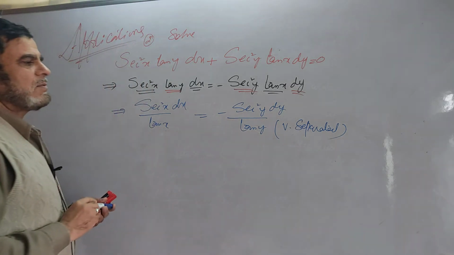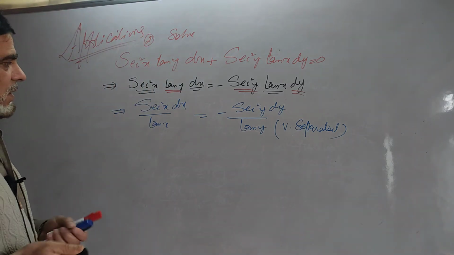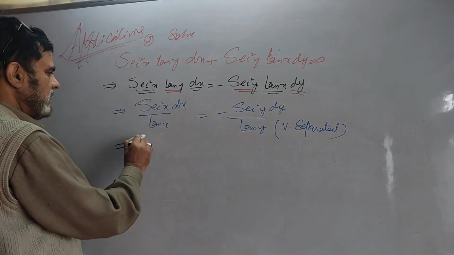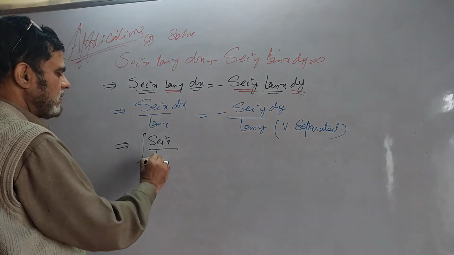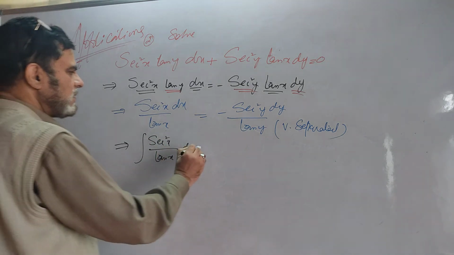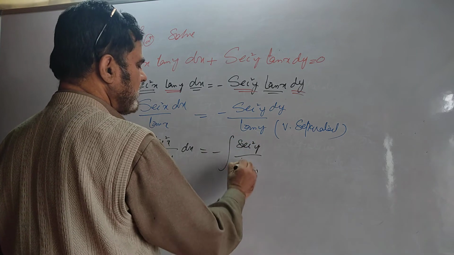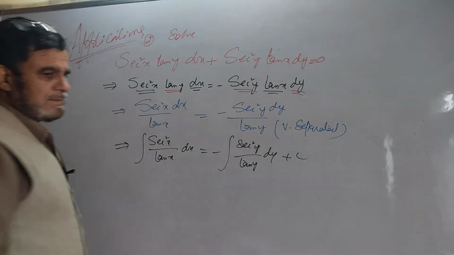You could separate the variables easily. When you have separated the variables, you can integrate on both sides. This is the integral of sec square x by tan x dx, integral of sec square y by tan y dy. Let us add the constant of integration.